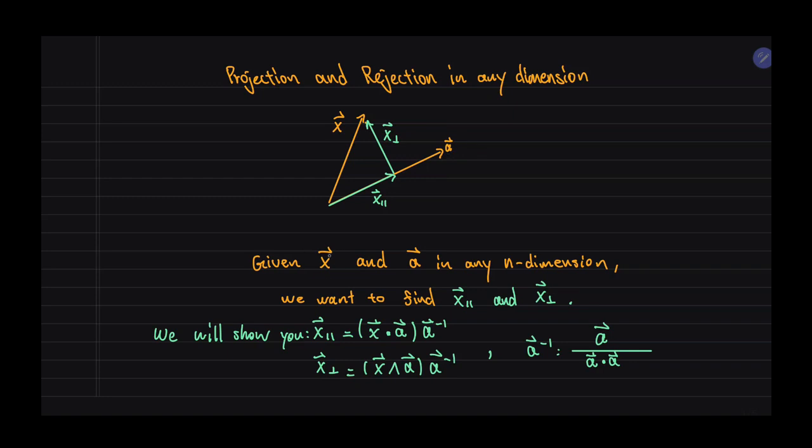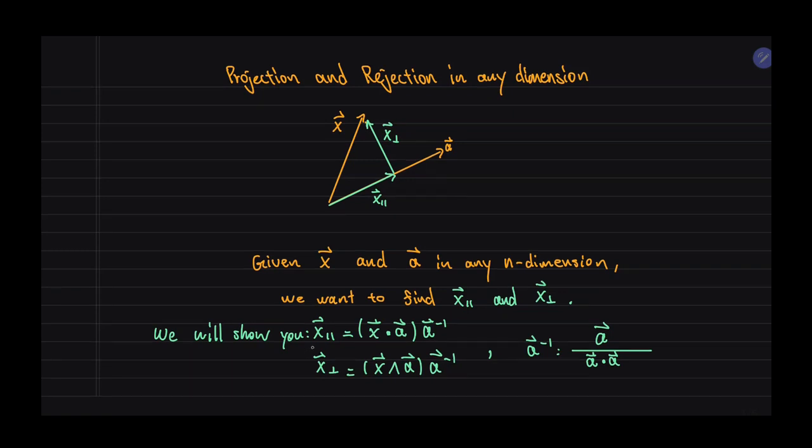So our task is, given these two vectors, x and a, in any n dimension, we want to find x parallel in this figure and also x perpendicular in this figure, and both x parallel and x perpendicular are vectors.